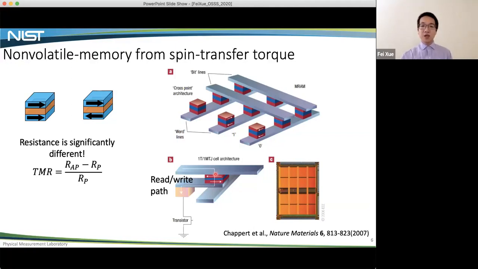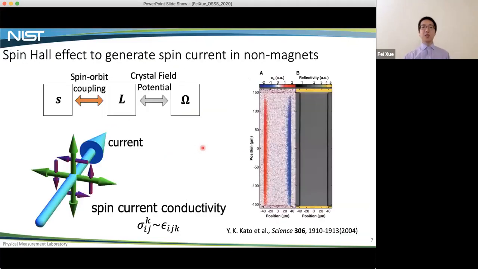This means that when we do this reading and writing a lot of times, more than 1 billion times, it will not be as reliable as the initial condition, especially since this spacer is magnesium oxide. They can be destroyed after so many operations. So there's a problem with the reliability for real application.